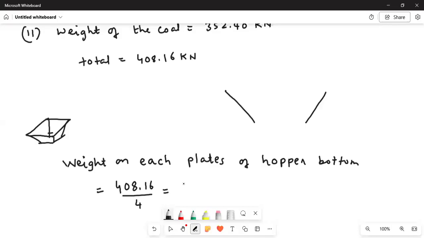So the load on each slab is 102.04 kilonewton. Okay, so this is the load that you're getting.